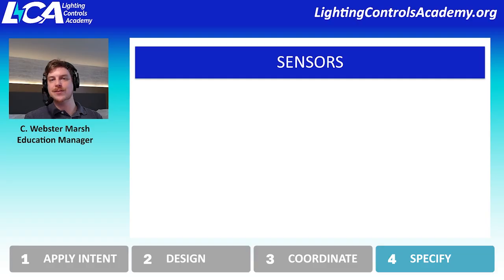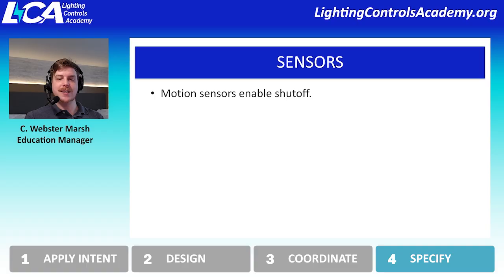Sensors. I've mentioned sensors a lot, and hopefully you have some knowledge of them, but ultimately we've got two types of sensors out there: motion sensors, which enable shutoff, and daylight sensors that support daylighting control.